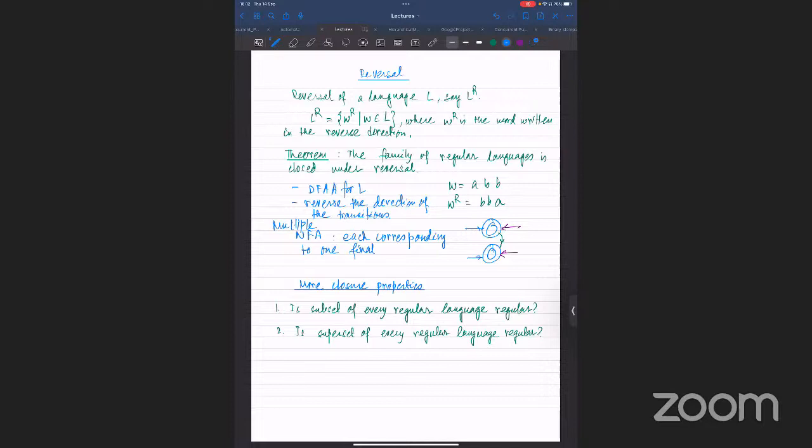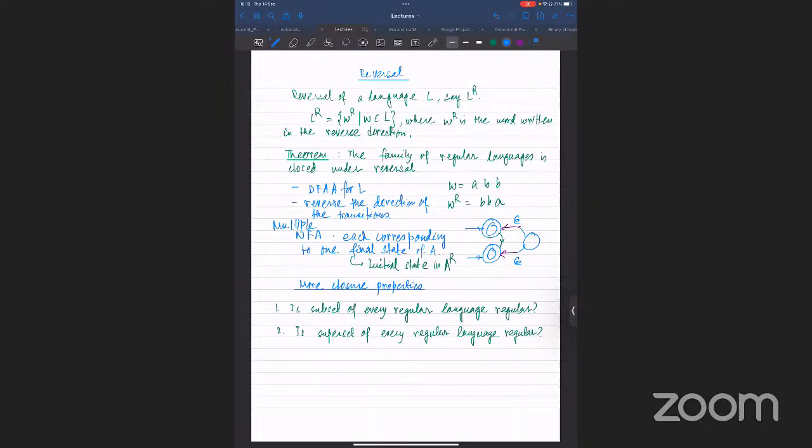So if this is DFA A, with its final state, this final state becomes an initial state in A^R. But you can also have one new state and join these with epsilon transitions, and you can get an epsilon-NFA.